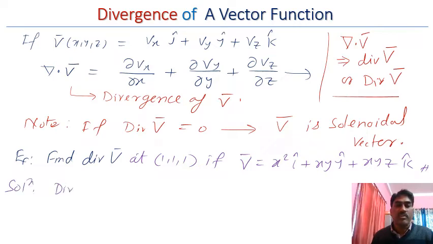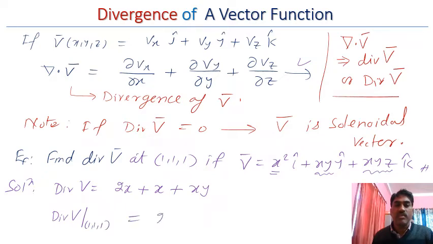The formula is before you. Differentiate the first component with respect to x, so this is 2x, plus differentiate the second component with respect to y, so this is x, and then differentiate the third component with respect to z, so this is xy. Now put (1, 1, 1), so divergence of V at (1, 1, 1) becomes 2 plus 1 plus 1, which is equal to 3.